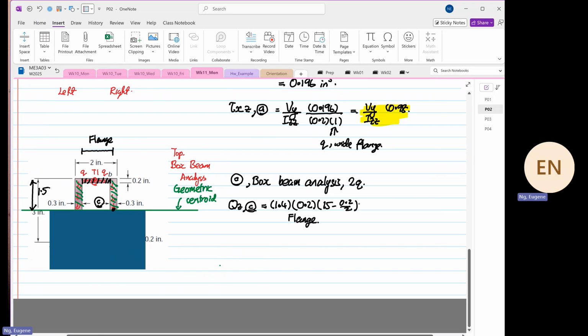Then we have to consider the web plus by 2. 2 down here represents left and right. The width is 0.3. The depth is 1.5 multiplied by 1.5 divided by 2.